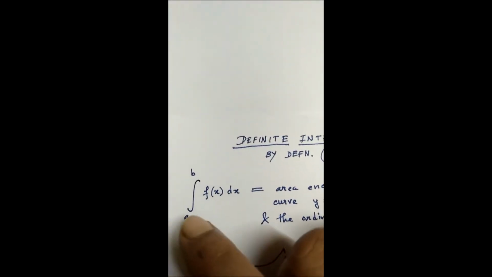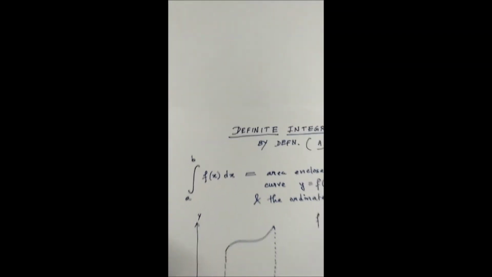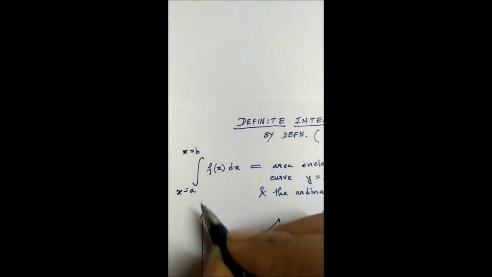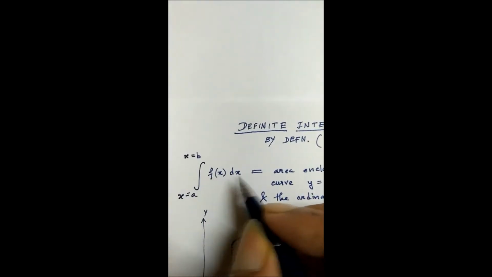This is a very familiar symbol, integral a to b f of x dx. This is the definite integral of the function f on the closed interval ab. So basically we should have written, ideally, these limits run on this variable.